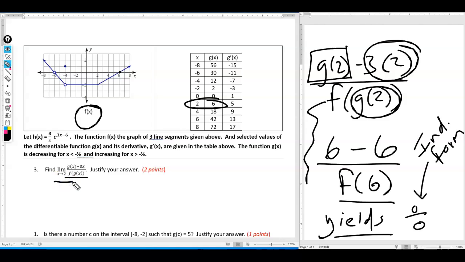When you're trying to find the limit and direct substitution gives you an indeterminate form, what you do is you do L'Hopital.